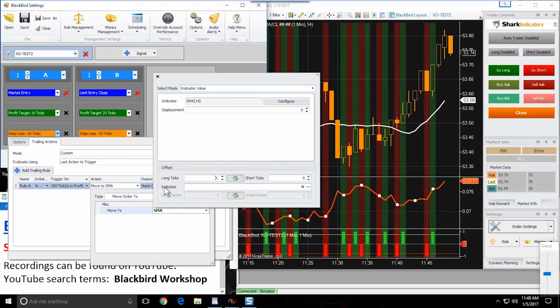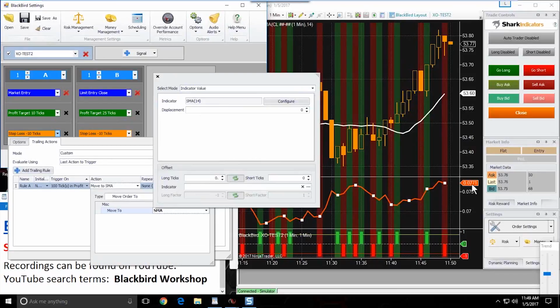I could also, though, use an indicator to control my offset. The only indicator that I have that actually works for this is the ATR. Because you'll notice right now the ATR is at 0.07, well, 0.077 actually, so that would round off to 0.08. Well, that's going to be 8 ticks, right?